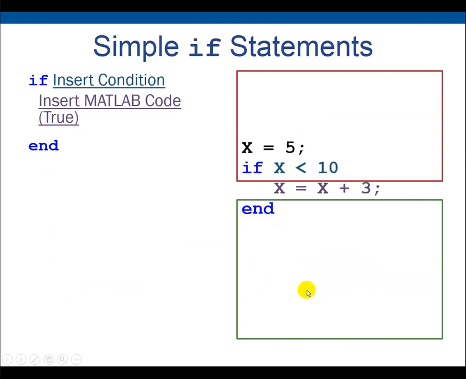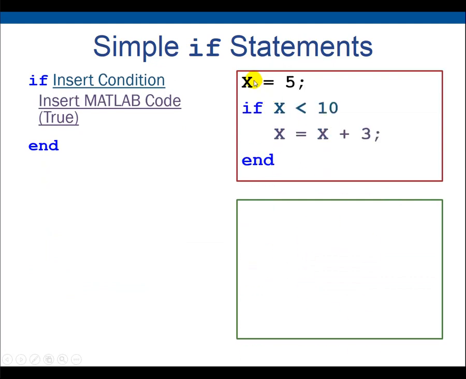Alright, a simple if statement. Let's say x contains the number 5, and if x is less than 10, which means true, right? If it is true, then x equals x plus 3. So x contains the value 5, 5 plus 3 goes again into x.